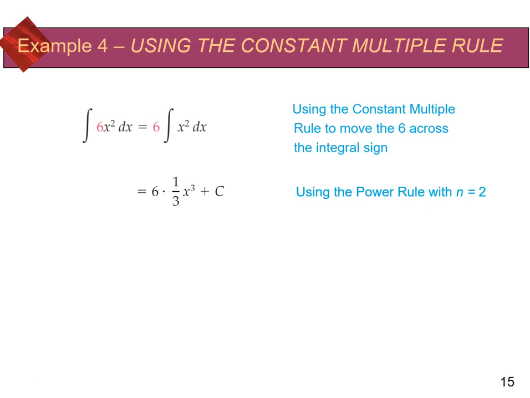Now, again, technically I should really multiply that by 6, but 6 times an arbitrary constant is just going to be yet another arbitrary constant. But as far as the 6 times 1/3 x cubed, that does simplify further because 6 is a multiple of 3, so I end up with 2x cubed plus an arbitrary constant c.